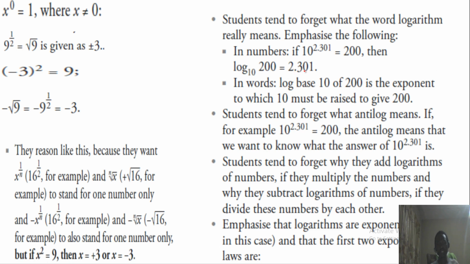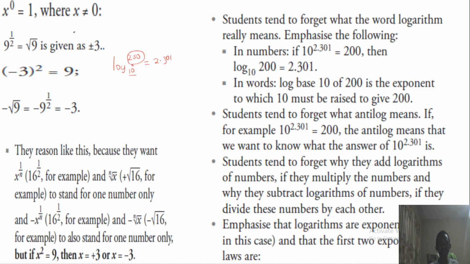2.301. And if I have to turn it back, according to the logarithm, this 200, this log 200 to base 10 equals 2.301. You need to know this base of the logarithm, and this is a number itself.